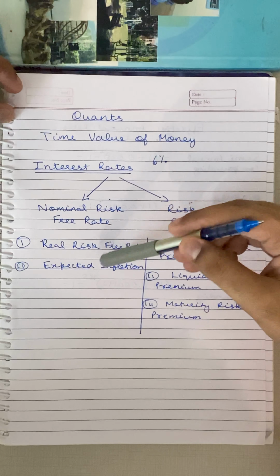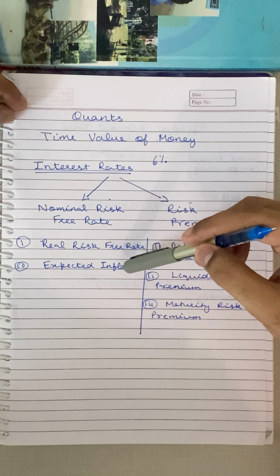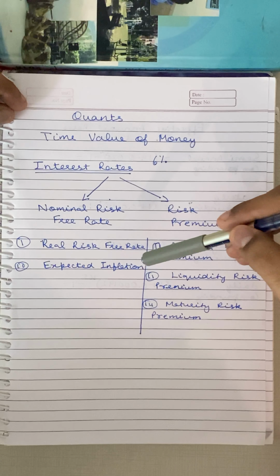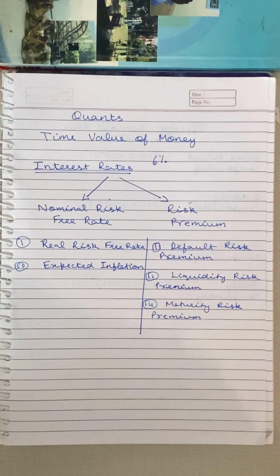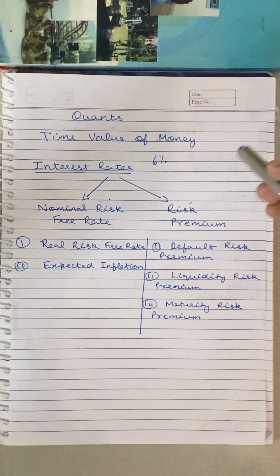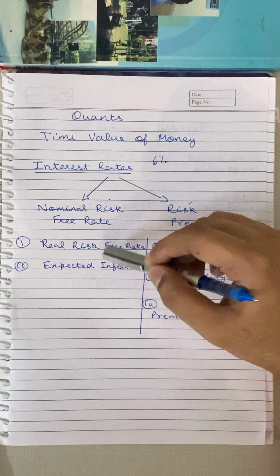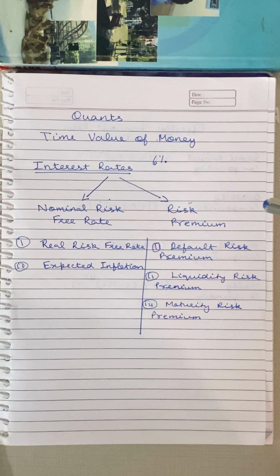It also includes expected inflation. Obviously, if someone is lending you money, they want some inflation adjustment as well, because they are lending you. So these two components are included in the nominal risk-free rate.